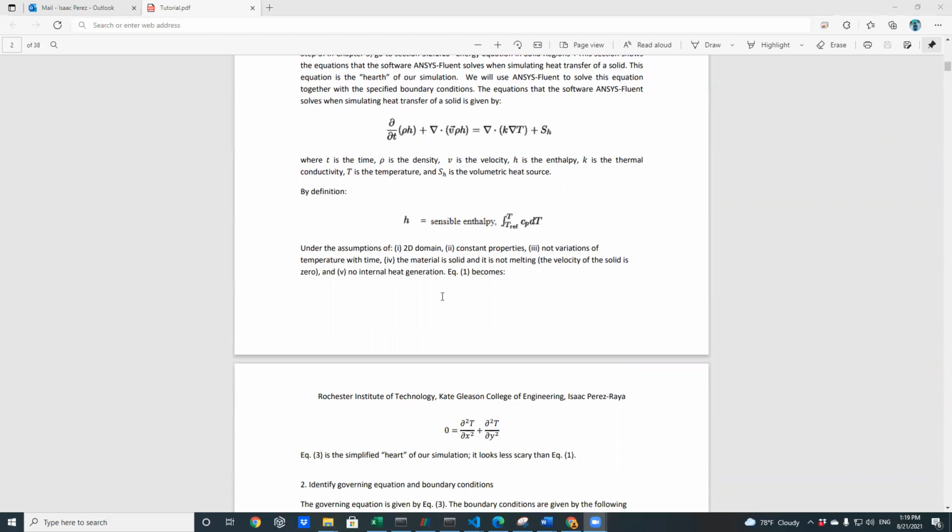Okay, now let's review our assumptions. Remember, we assume 2D domain, we assume constant properties, no variations of the temperature with time, that the material is solid and it is not melting, the velocity of the solid is 0, and no internal heat generation. Under these assumptions, this equation at the top becomes this equation at the bottom.